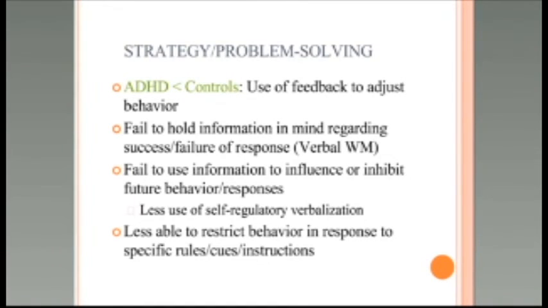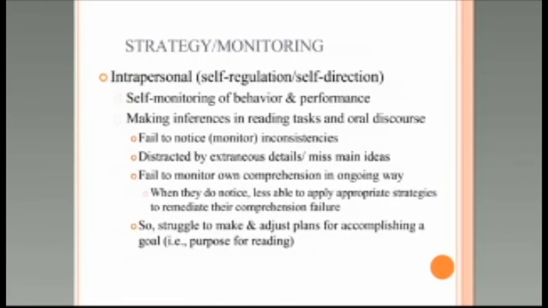And potentially, again, this is related to less frequent use of self-regulatory verbalizations, whether out loud or internal. And therefore you see difficulties restricting behavior in response to specific rules or cues or instructions, because they're not holding those rules or cues or instructions in mind in order to perform a strategy or solve a problem.